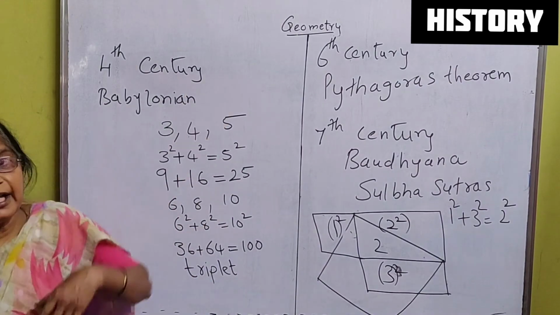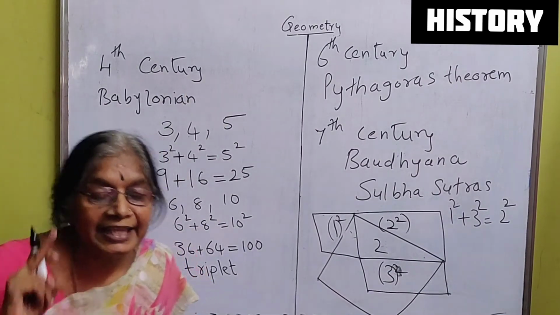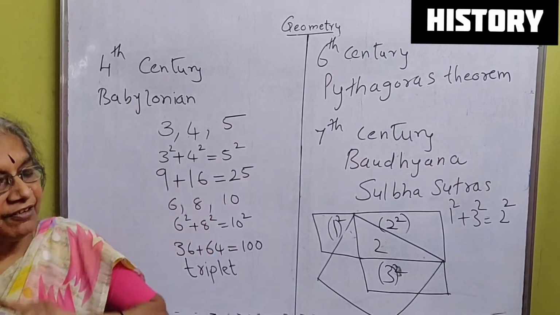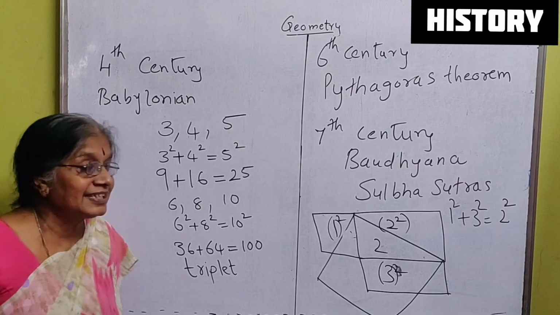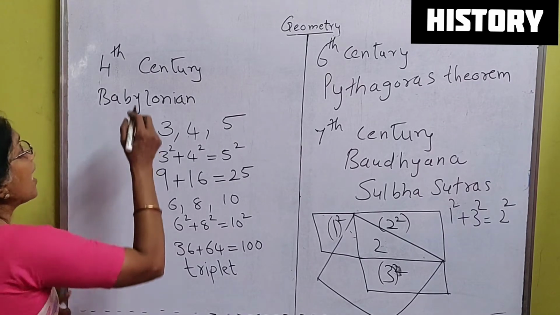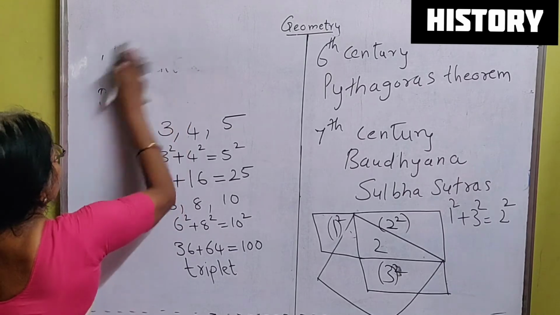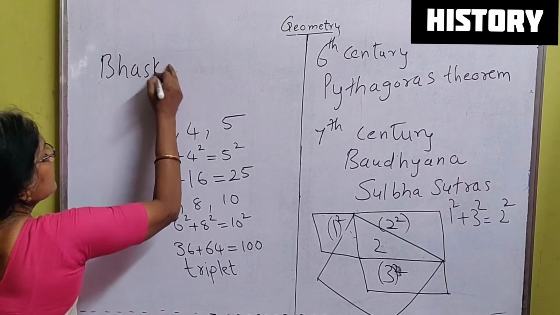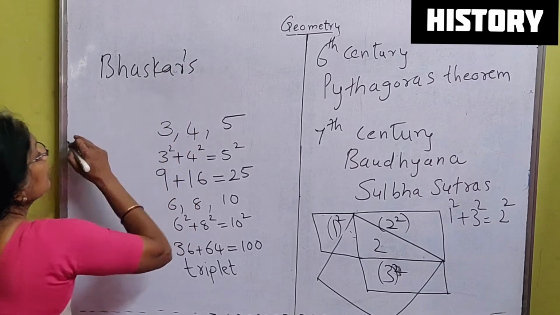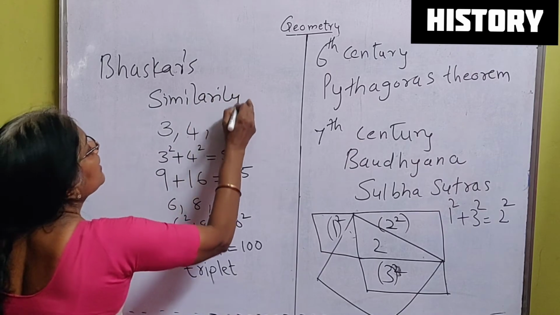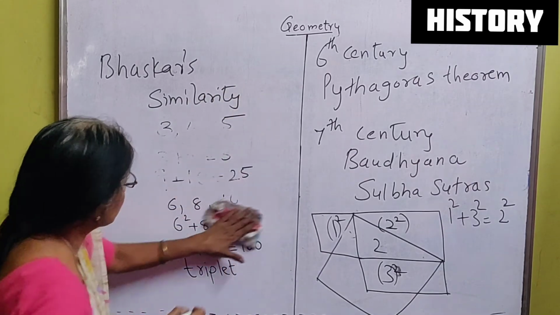Today we are going to learn about Pythagoras theorem, but in this one thing I want to tell you. Pythagoras's proof is different, but for you in 10th standard, you have to learn the proof which was given by Bhaskar. That is Bhaskar's proof with regard to similarity.